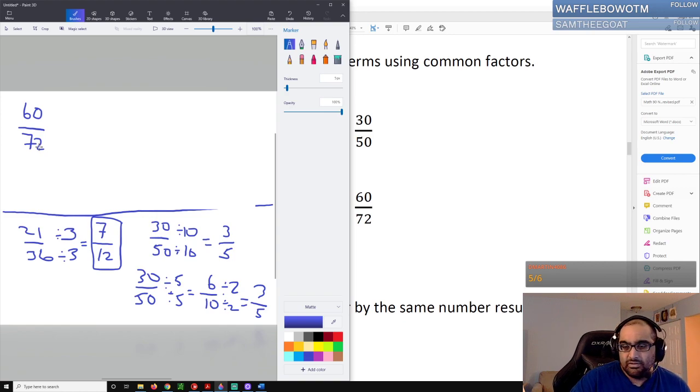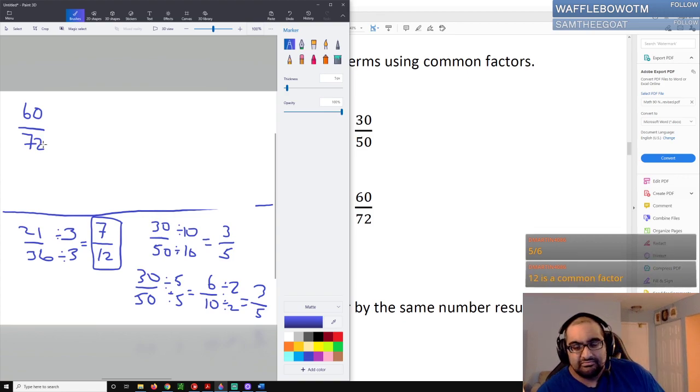And how did we get that? What did we divide by? 12 is a common factor, that's correct.